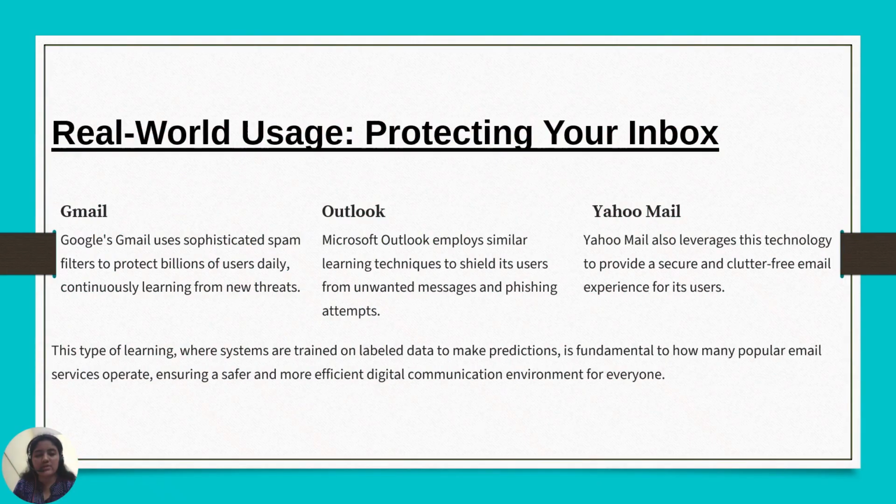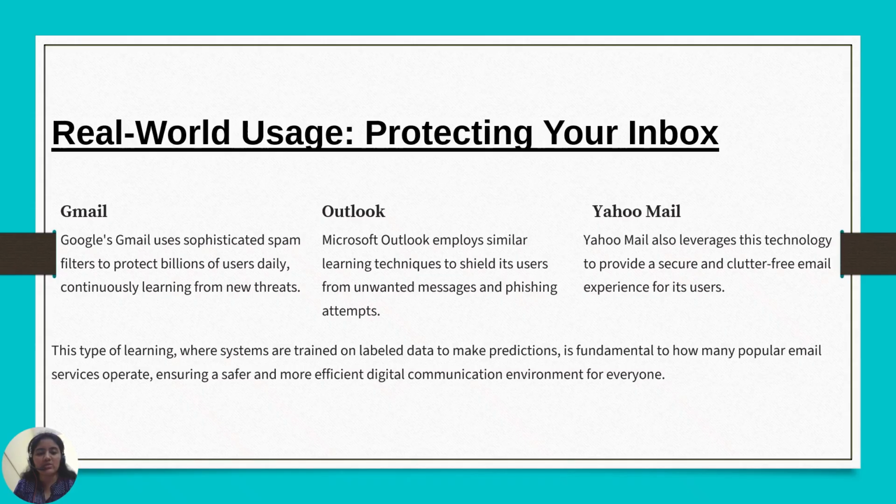Popular email services such as Gmail, Outlook, and Yahoo Mail use intelligent spam filtering systems to protect users from unwanted and harmful emails. These systems automatically identify spam emails, advertisements, and other unwanted attempts before they reach the user's inbox.